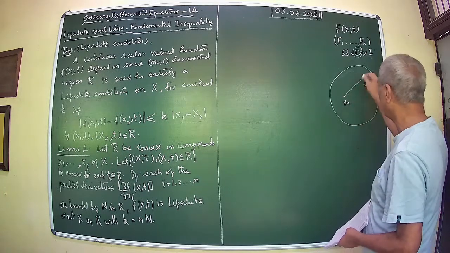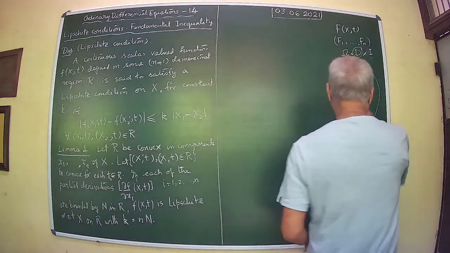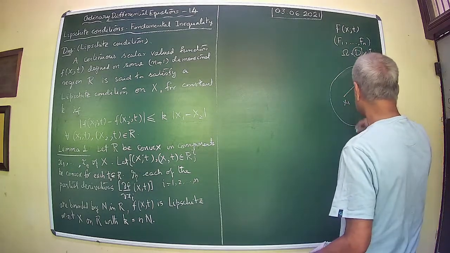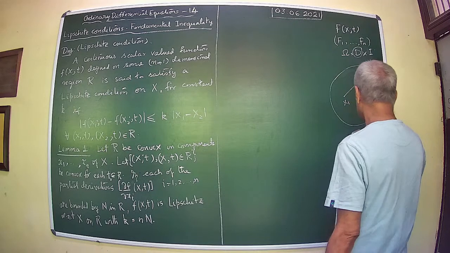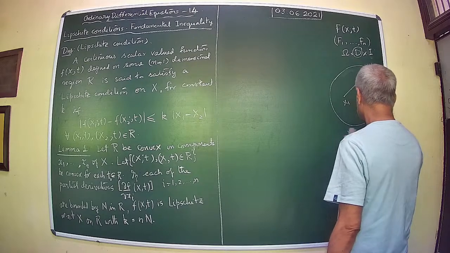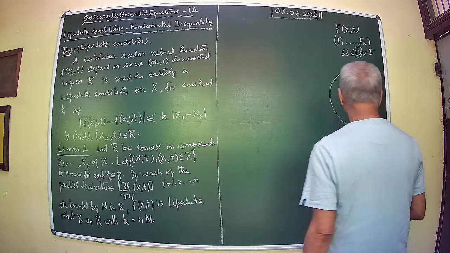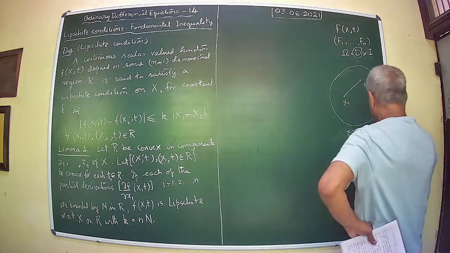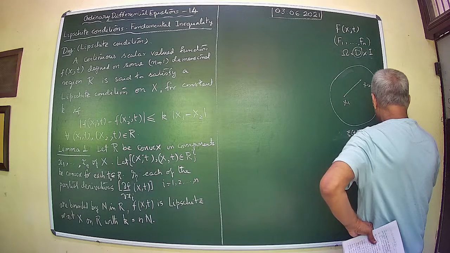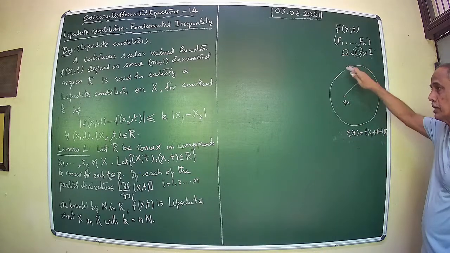Now you can introduce S as a parameter and write down x as x1 plus s times x2 minus x1. So this entire line segment lies inside this particular region.